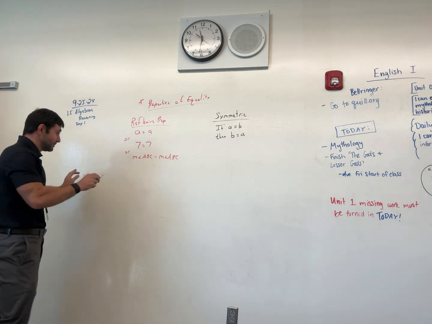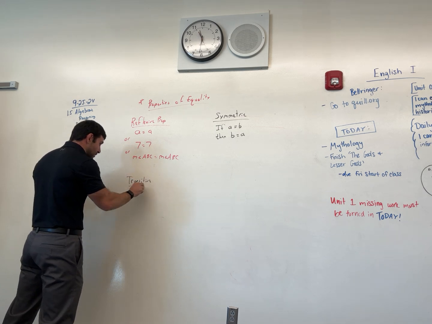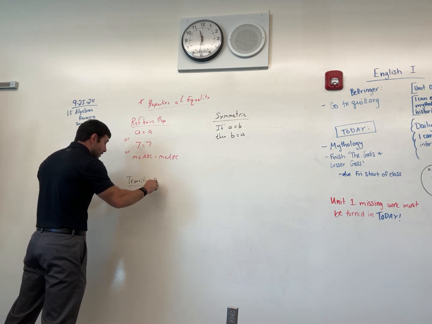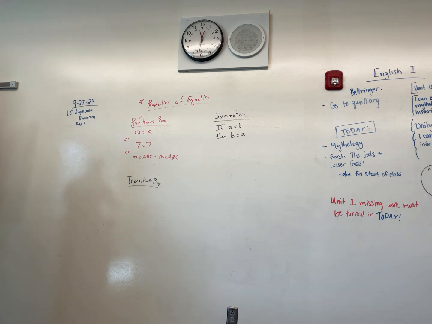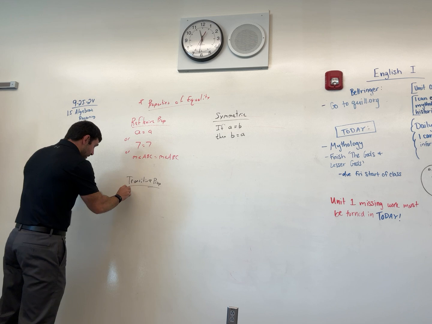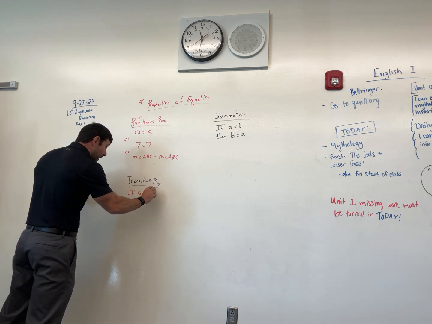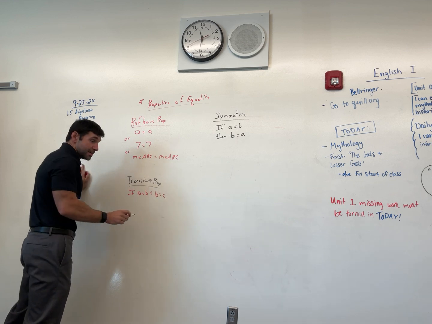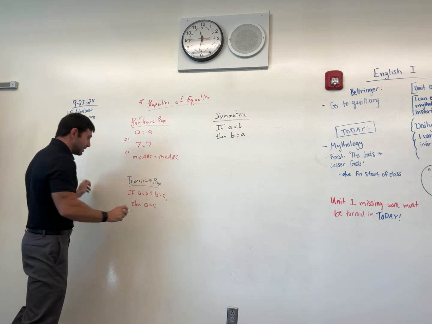So the transitive property is very similar to the law of syllogism, because transitive says if A equals B and B equals C, then A equals C.